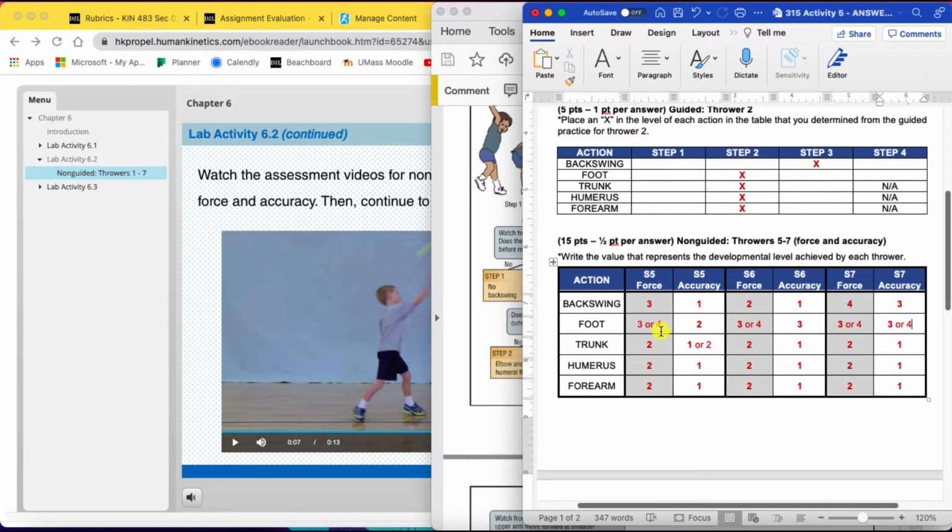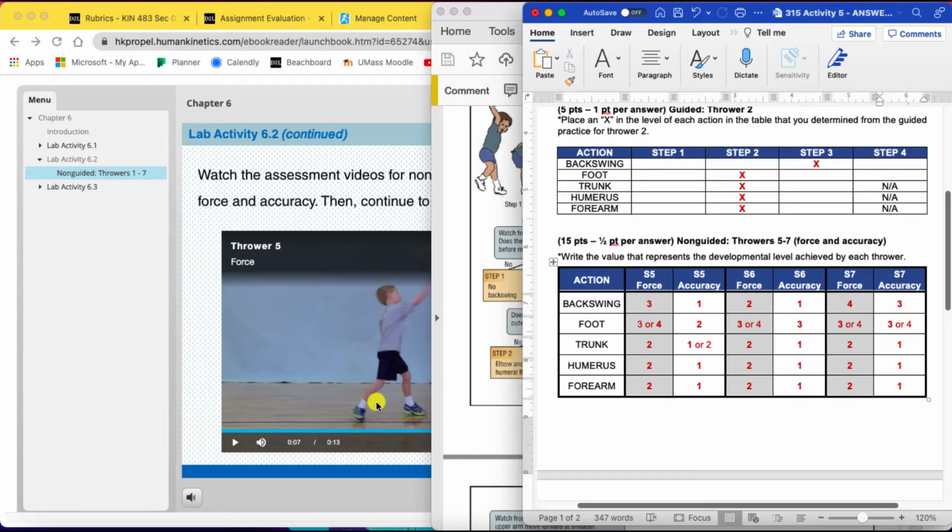For the foot actions, I have it bolded if it's what the textbook classified their step as. But I feel like foot action between a short contralateral step and a long contralateral step is kind of subjective based on your visual experience, and also we don't necessarily get to see the frontal view, which sometimes could help with foot action because they could have a short step and it's kind of oblique to their body.